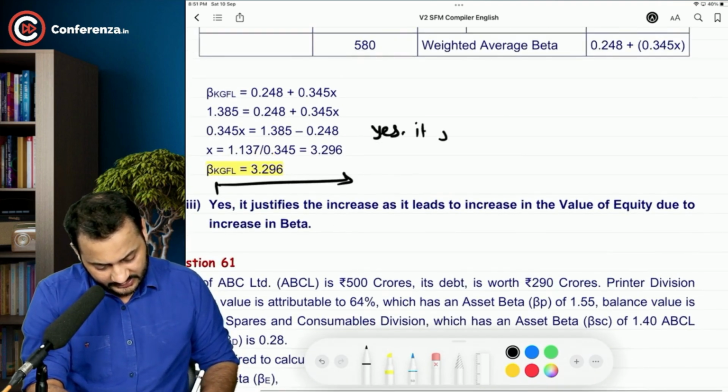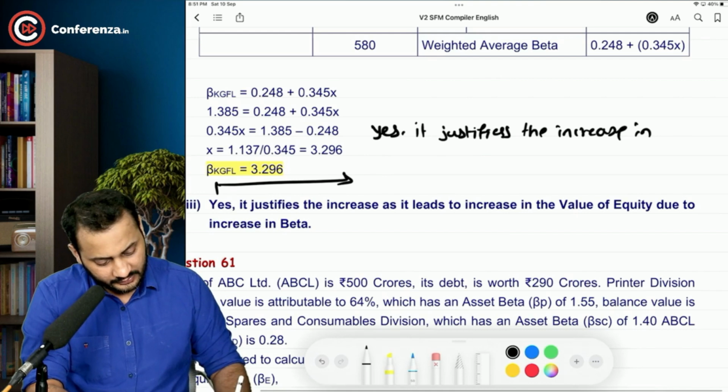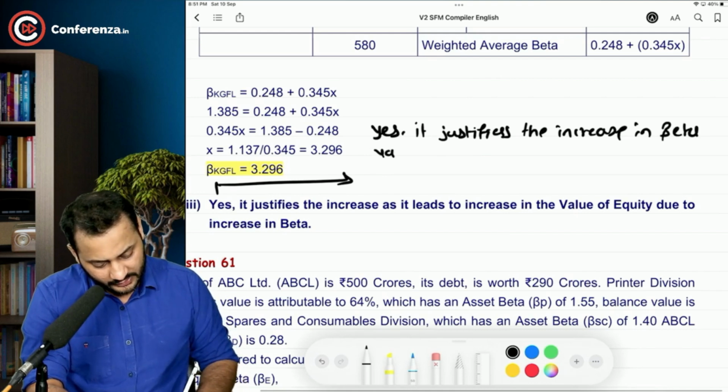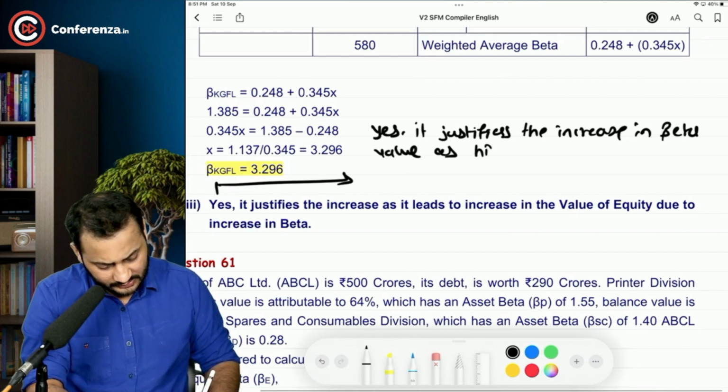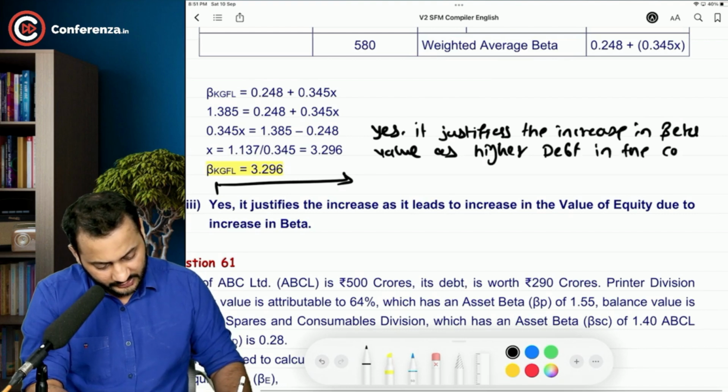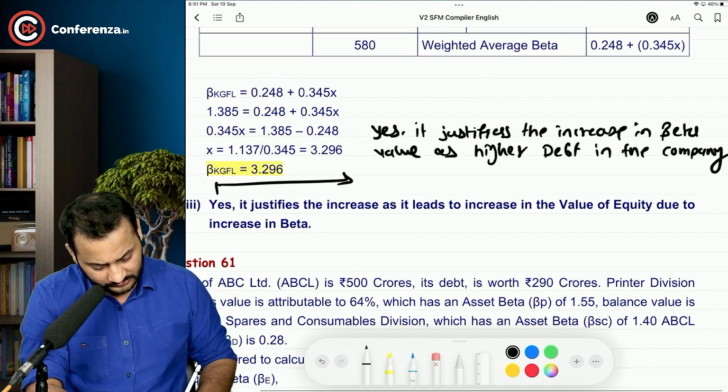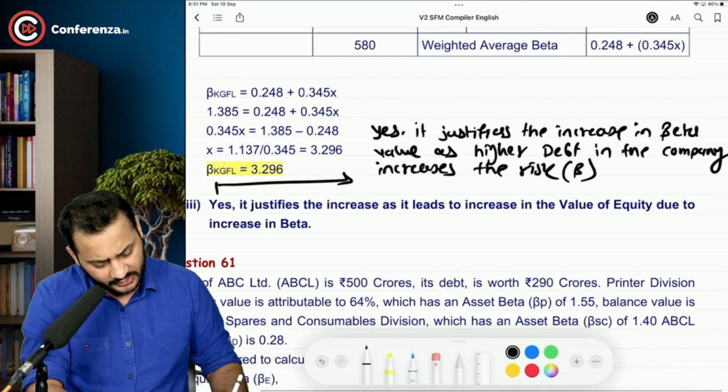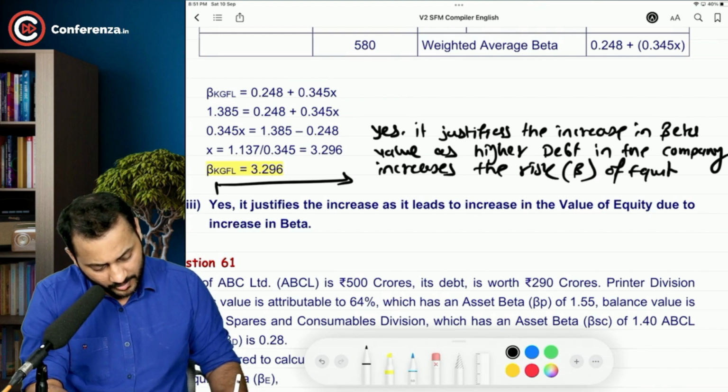Yes, it justifies the increase in beta value as higher debt in the company increases the risk, which is also called beta of equity.